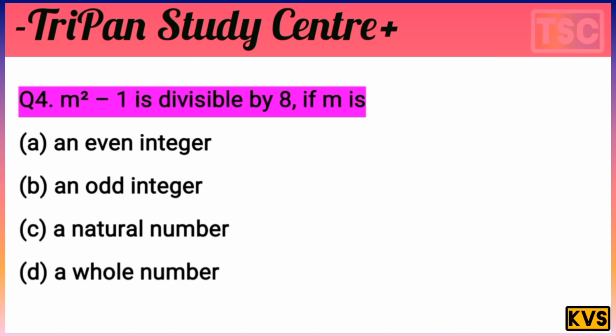So the answer is B, an odd number. The odd integer is the important answer, B is correct here. m square minus 1 is divisible by 8 if m is an odd integer. That's important. And let's see the next question here.